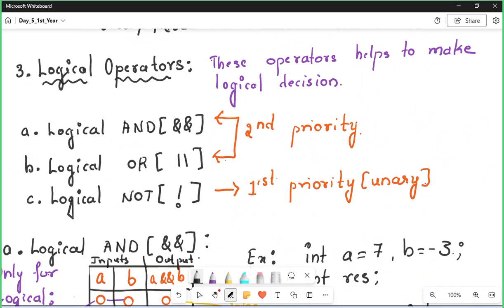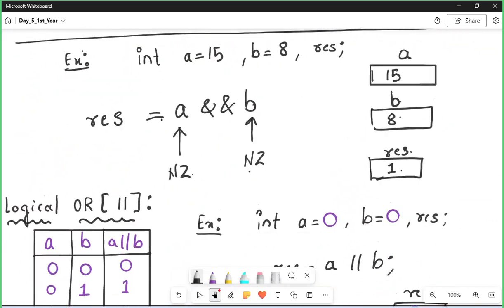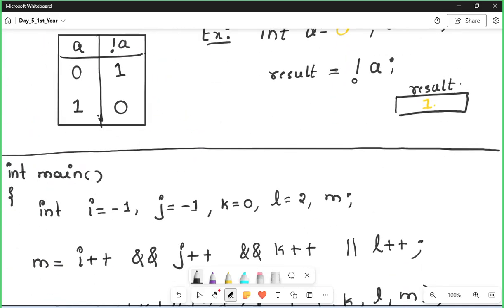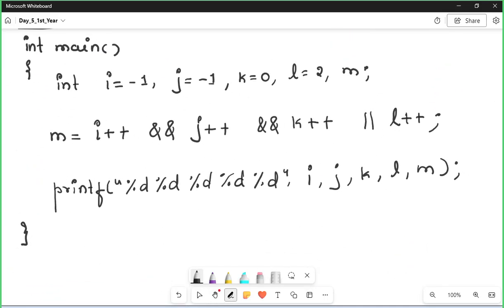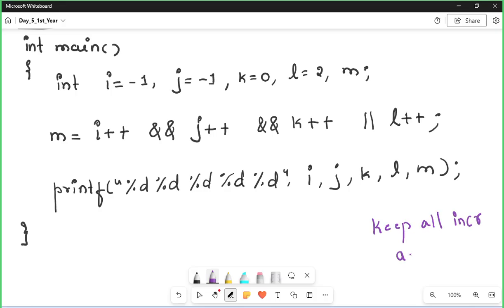So what you have to do is keep all the increments aside, first solve that expression and get the m value.